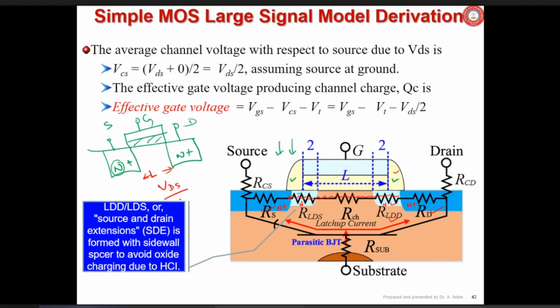VDS divided by L is the electric field, E. That horizontal or lateral electric field is very high, and at this end a huge electric field works, and electrons become very hot and penetrate through this oxide. Some of the hot electrons may go into the gate and give rise to gate leakage current.